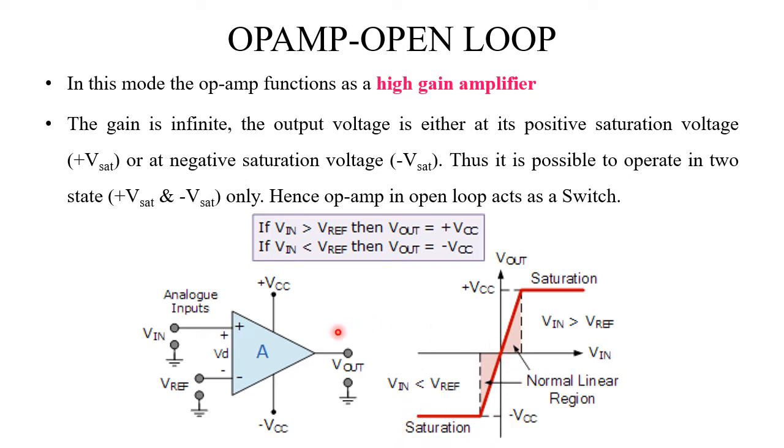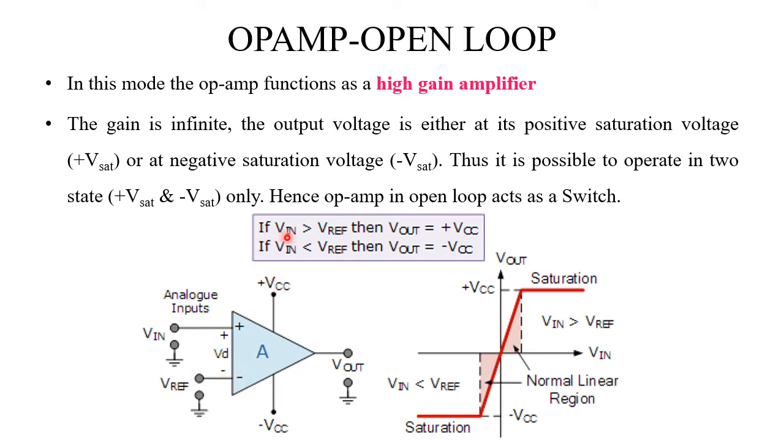So if V input is greater than V reference, in this picture the input is given to the non-inverting terminal, and the reference is taken from the inverting terminal.